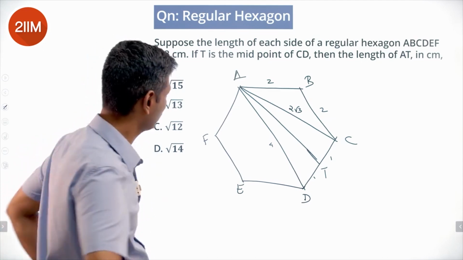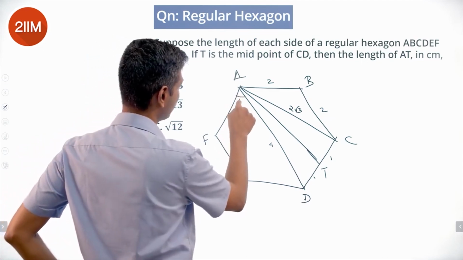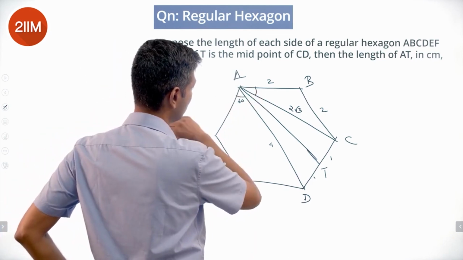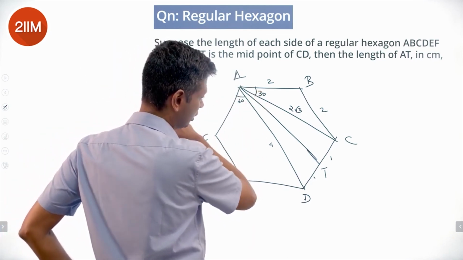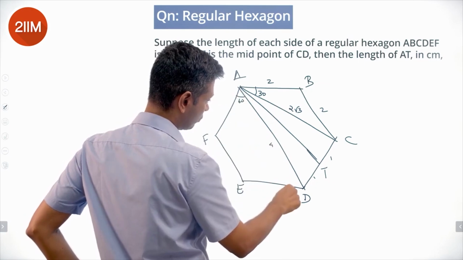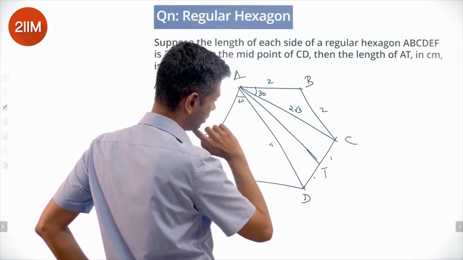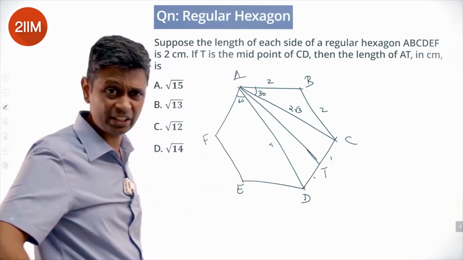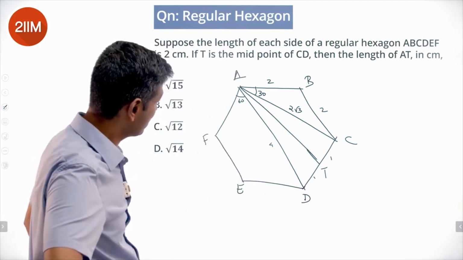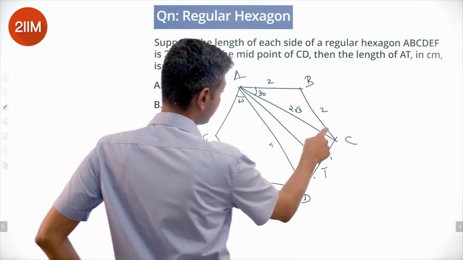It's still tough because this is 60. And so this is 30. So this angle is 30. We know all 3 sides, so we can find that angle, but we want to find AT, not anything else. Very interesting question. This angle is 30.